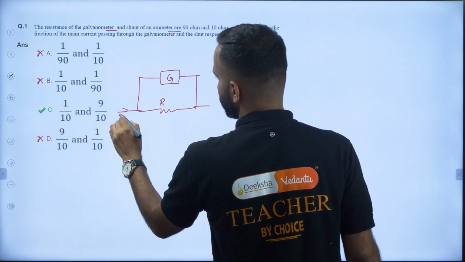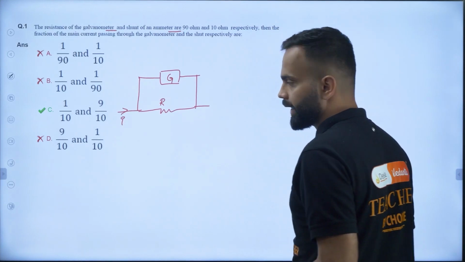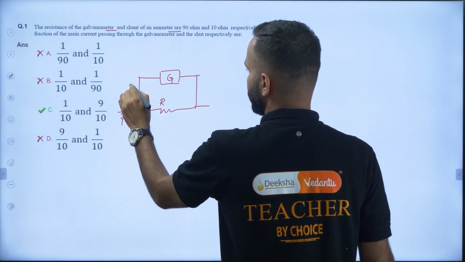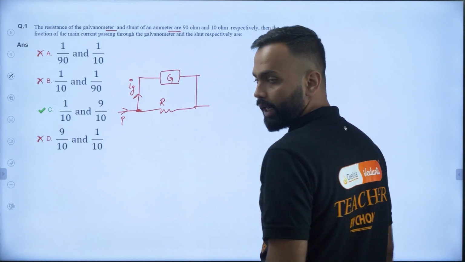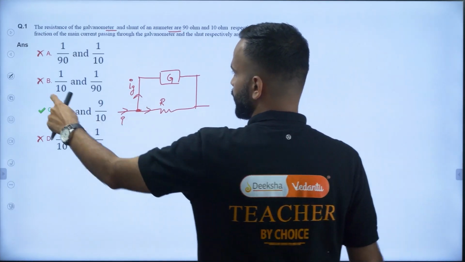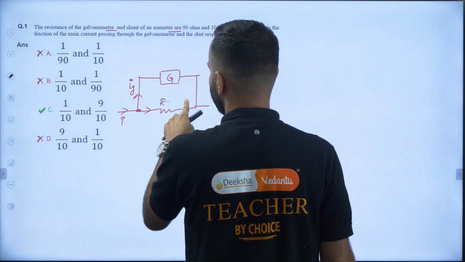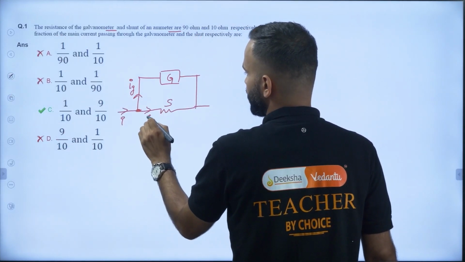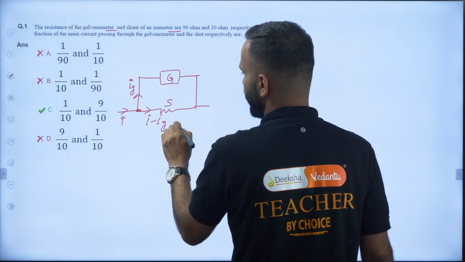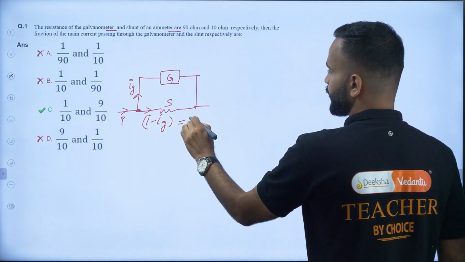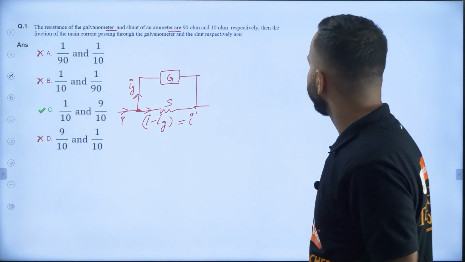So this is the incoming current I, right? So at this point the current will divide. Current flowing through the galvanometer is Ig, okay? And this is the shunt resistance. Let's say this is S. So this is I minus Ig.